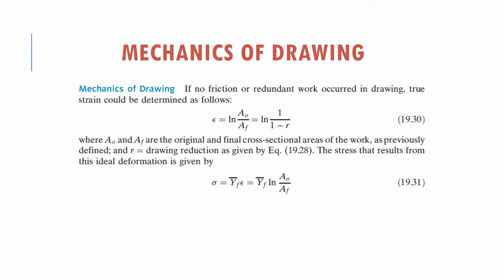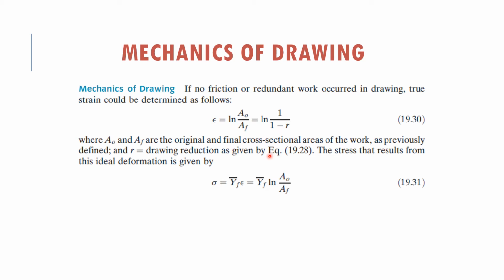Under the condition where no friction or redundant work occurs in the drawing, the true strain can be calculated using epsilon equal to ln A naught over A final, or simplified, equal to ln 1 over 1 minus R.